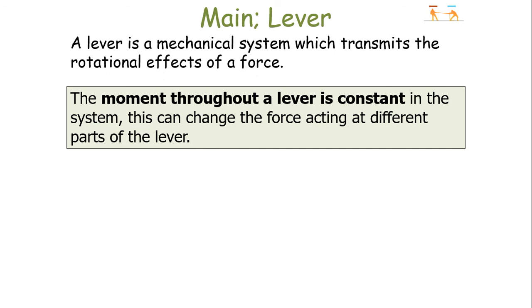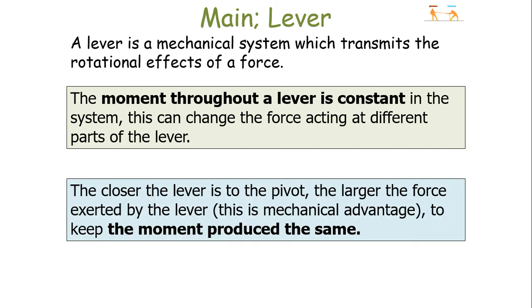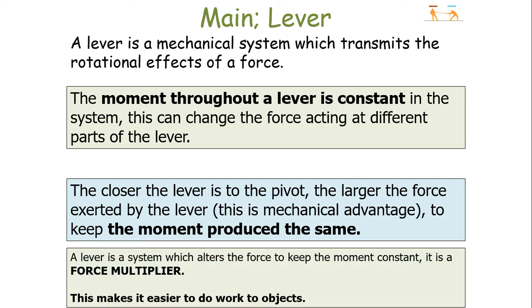So the moment throughout a lever is constant, but the closer the lever is to the pivot, the larger the force exerted by the lever to keep the moment the same. And this is what we call a force multiplier, because it changes the size of the force, it multiplies the force to keep the moment constant.